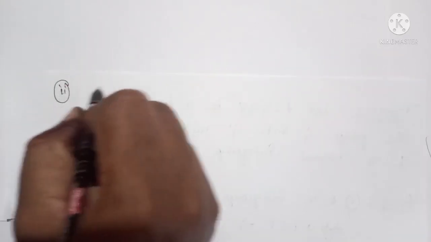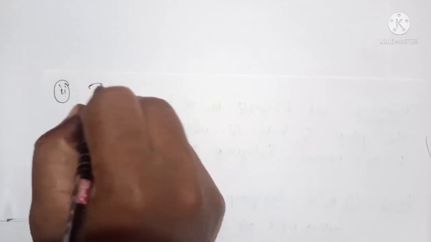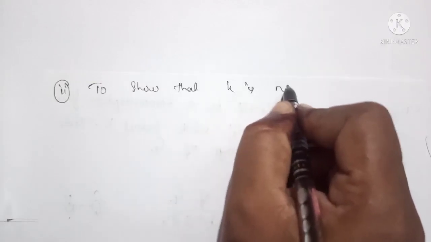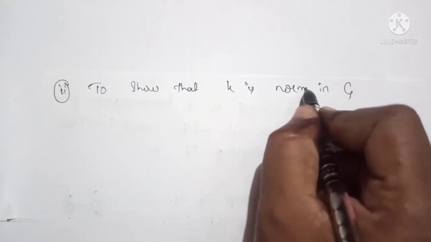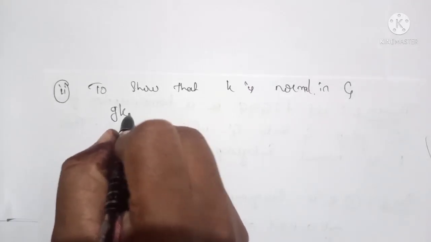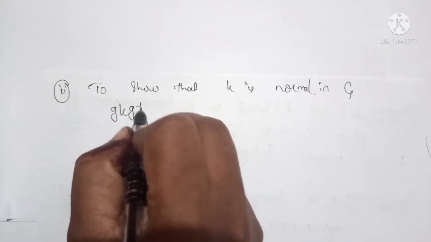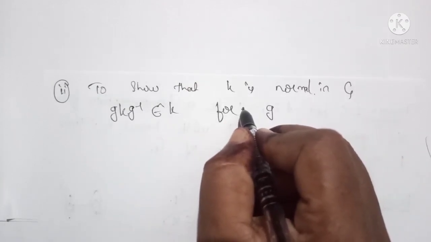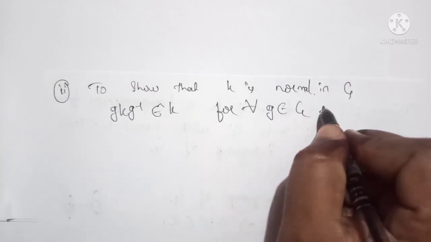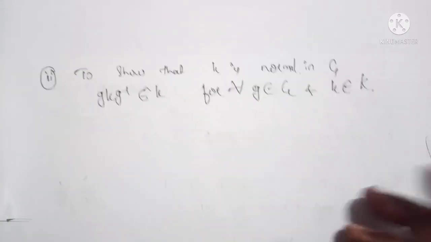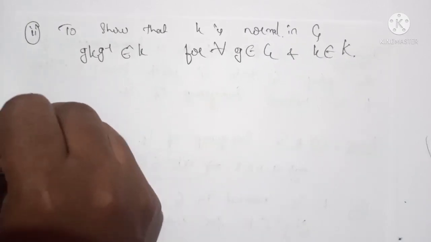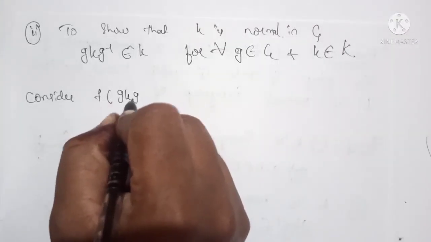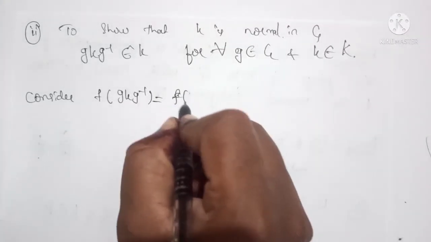Okay, next we prove the second one, that K is normal in G. To show that K is normal in G, we need to prove that GKG inverse belongs to K for all G belongs to G and K belongs to K. So consider f of GKG inverse.